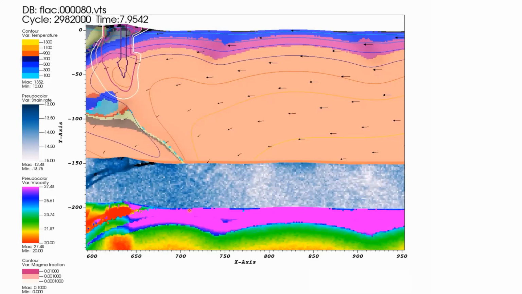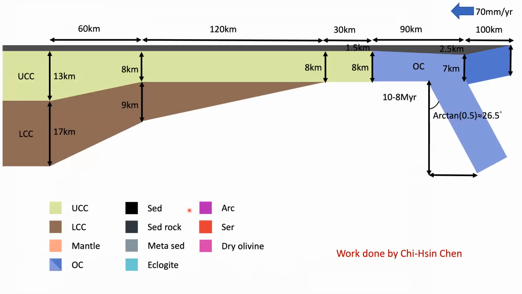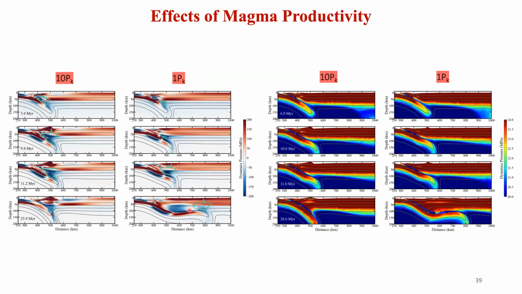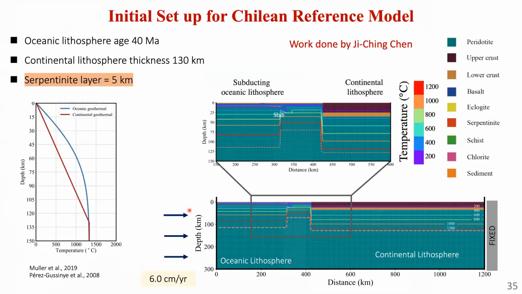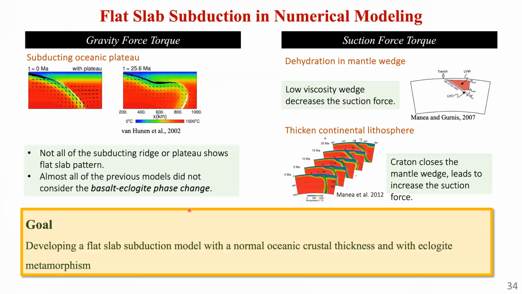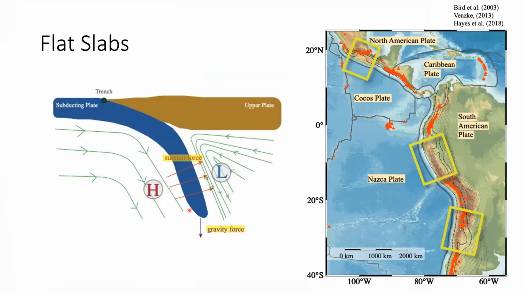Could you speak to, with the Indian margin and the flat slab subduction, the along-strike changes? We do have arc magmatism. This is a very interesting question, because you see the flat slab here doesn't have volcanoes.